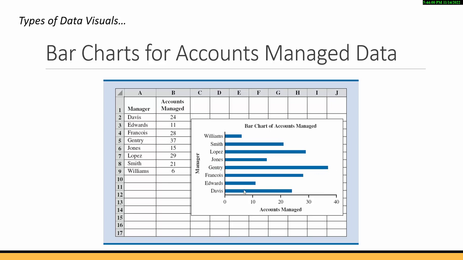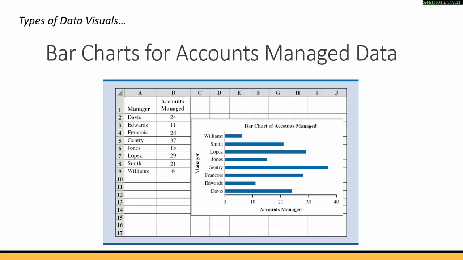Then if somebody asks you between Davis and Edwards, which one is bigger, which one is smaller, it's easy to answer. Let's say I want to compare Williams versus Edwards. Another way you can do it is, it's very easy to sort a bar chart by values, and that will give you a better visual comparison.